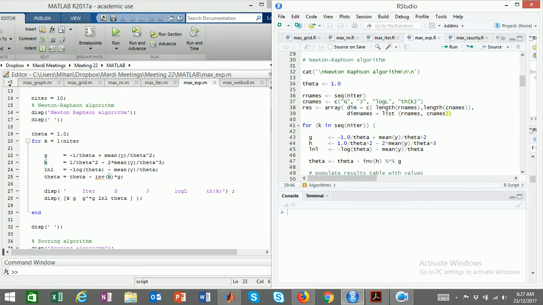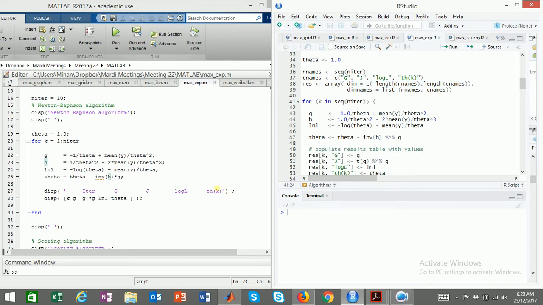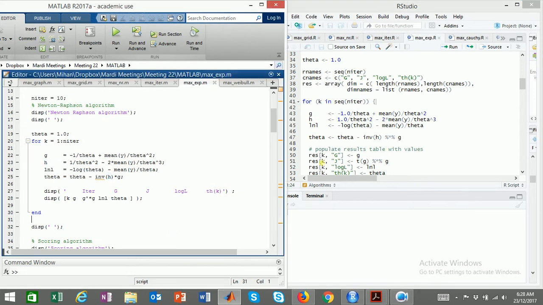Length of row names, column is length of column names. Dimension is the list of row names and column names. So setting the matrix dimension, row names and column names, passing that to an array. Sequence up until number of iterations, the mathematics remains the same.